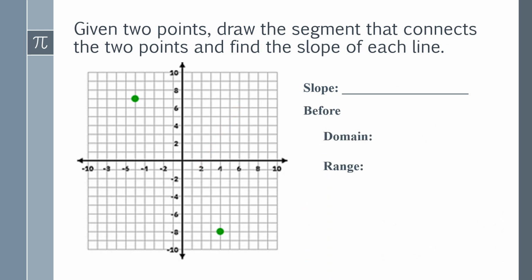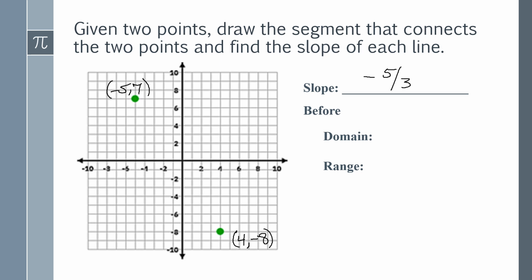Okay, so again, we're back with this graph, identical to the second one we did, and we're at (-5, 7) for our first point, and our second point is at (4, -8). Again, our slope was -5/3.